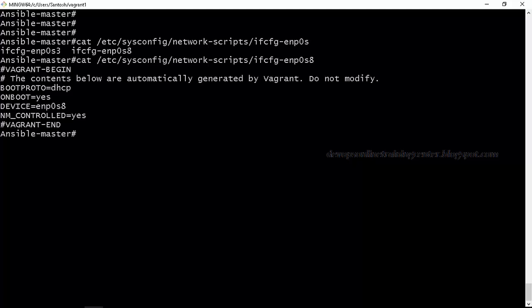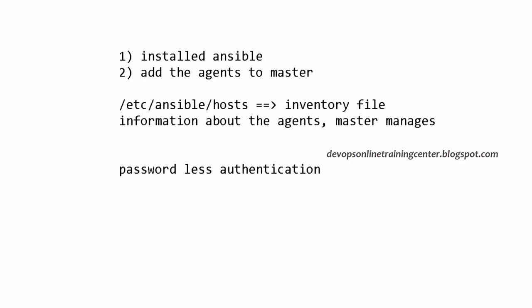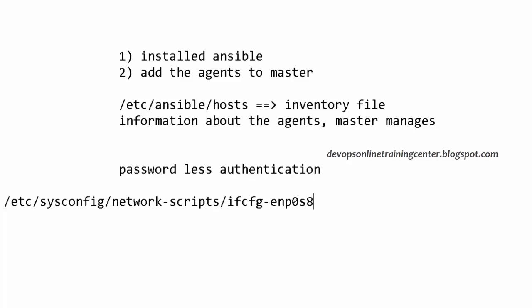See, there is a file under /etc/sysconfig/network-scripts/ifcfg. This is your adapter, ENP0S or something like eth0, eth1, right? There is a file associated with this adapter, and it has one IP.